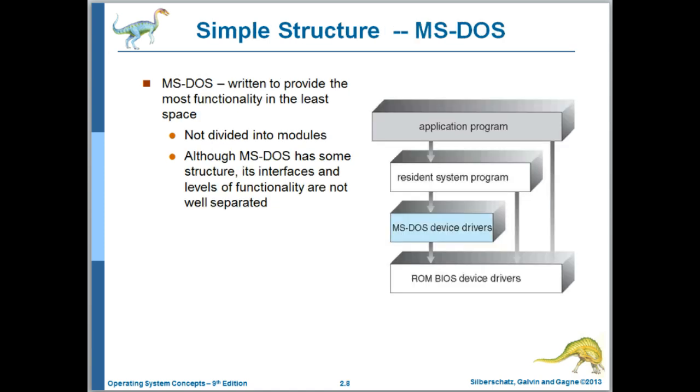DOS's structure is constrained by the simplicity of the original IBM PC. You can see on the left in this figure it appears to be layered, but then there are hooks from the upper layers down to the device drivers and in fact the hardware, so the layering can be circumvented.